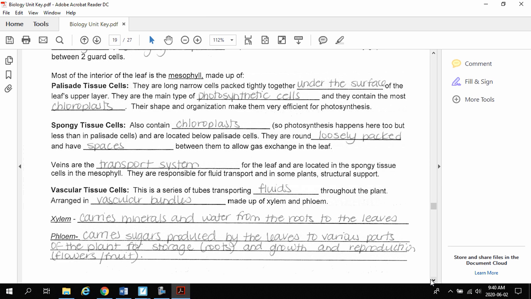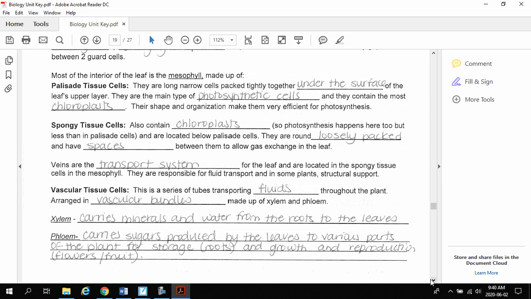Xylem carries minerals and water from the roots to the leaves. So xylem takes things coming out of the soil and transports them from the bottom to the top: minerals and water. That's the big thing. Phloem carries sugars produced by the leaves to various parts of the plant for storage, so stored in the roots, and for growth and reproduction.